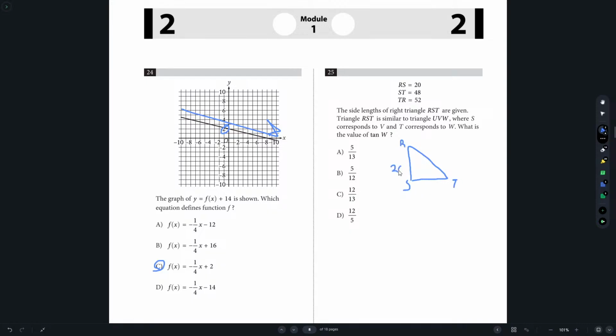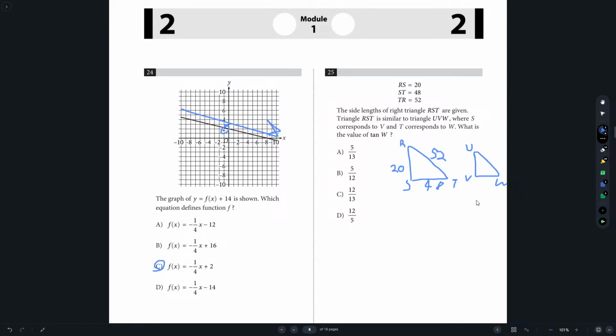RST: 20, 48, 52. So this is UVW, where S corresponds to V and T corresponds to W. What is the value of tan W?